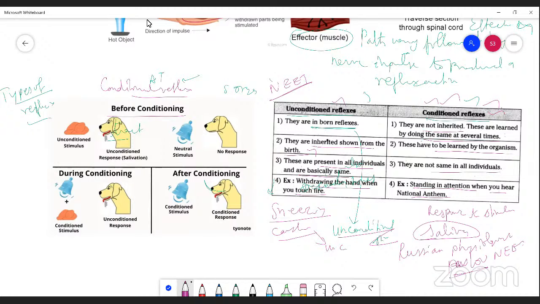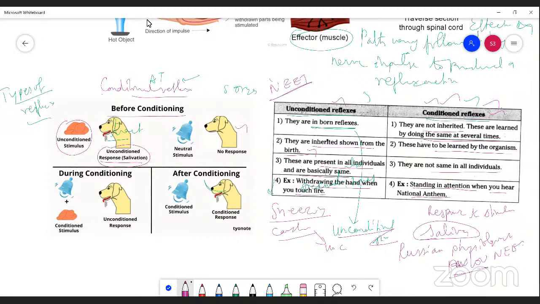See in this diagram, this is the unconditional response, and here is the conditional response. First, the unconditional stimulus: we keep the food there. When we ring the bell with no food at all, the dog does not give any response.